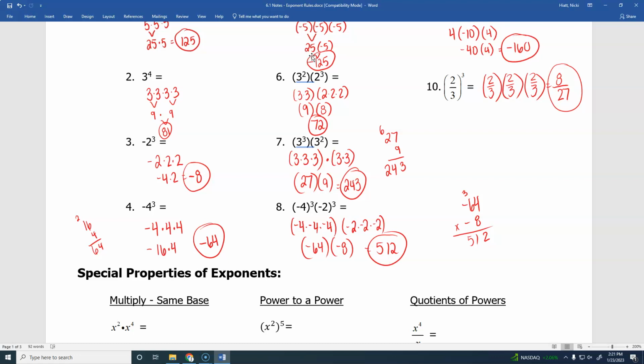Neither one of you are right. Whenever you have parentheses that are right next to each other, what you do is multiply. But you don't multiply the bases that way. You need to get 9 times 8.